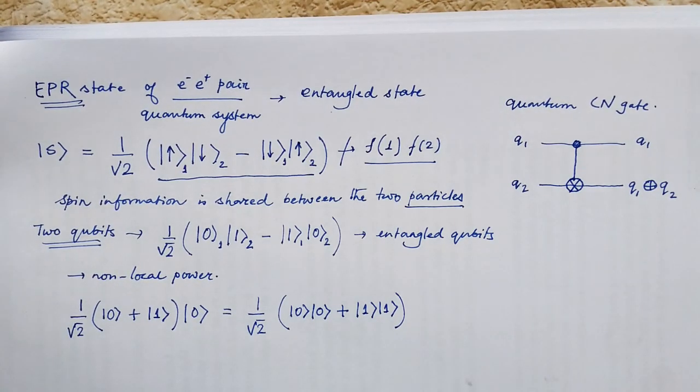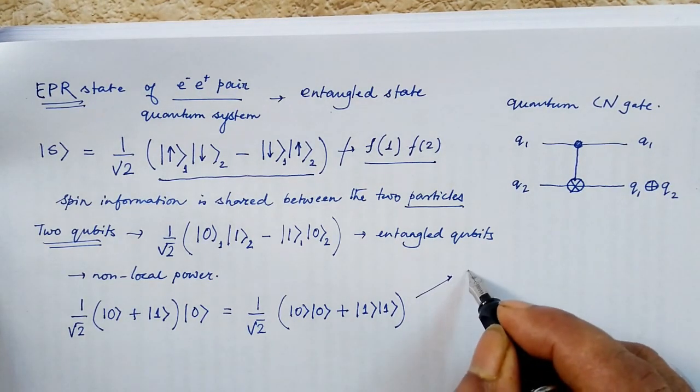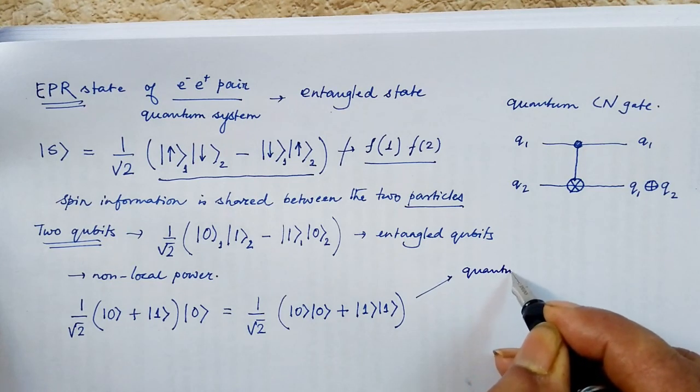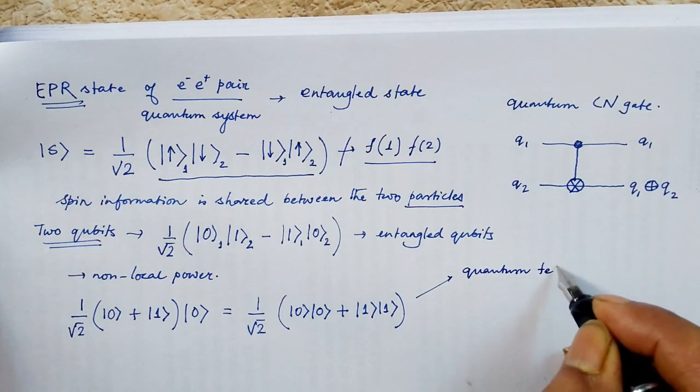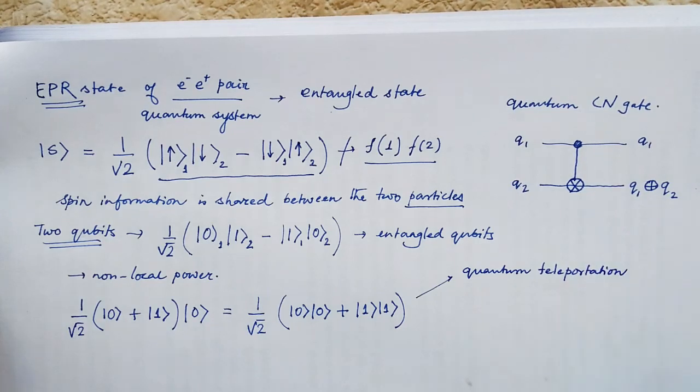So it is sharing the first two halves of the entangled pair. That makes possible such things, as we will see later on, that we call quantum teleportation.